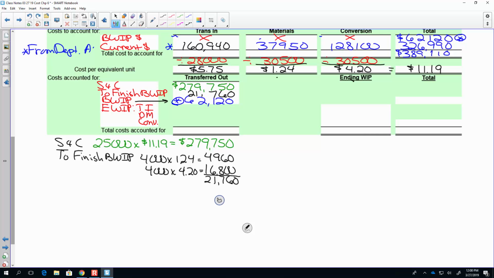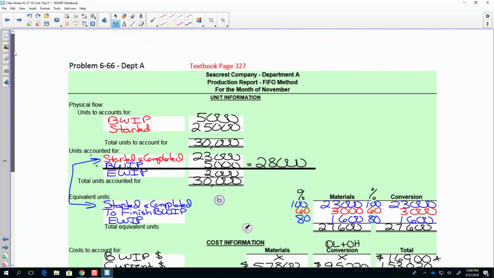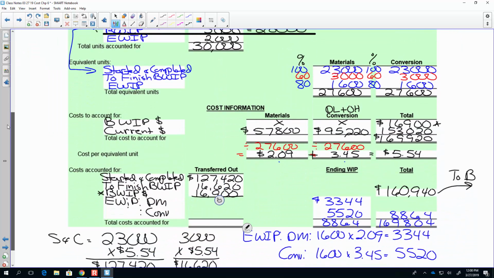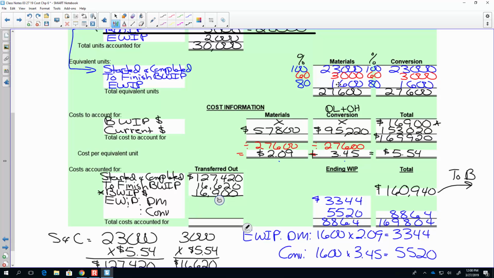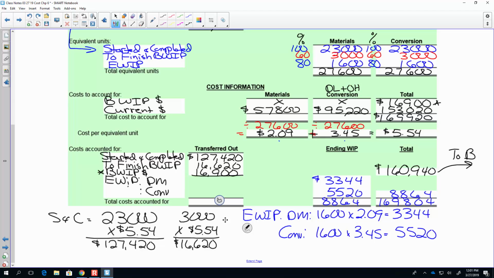Did I do something wrong, Polly? No, I have a question. Then why didn't we do the same thing in department 1A? Because they're the same number. So you're right, what I should have done is took 3,000 times 2.09 and 3,000 times 3.45. But I took a shortcut.